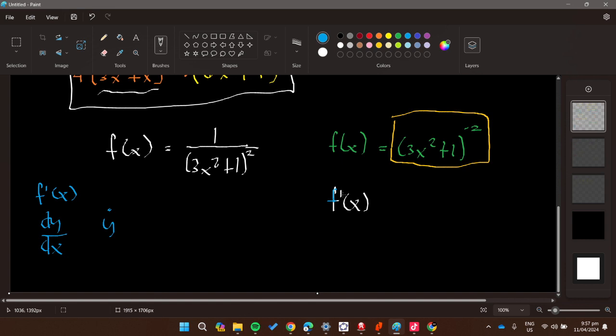Slope, alright? Implicit differentiation, malayo pa yan sa aking course outline. Pero eventually, darating tayo dyan.